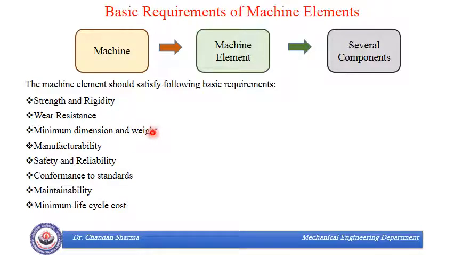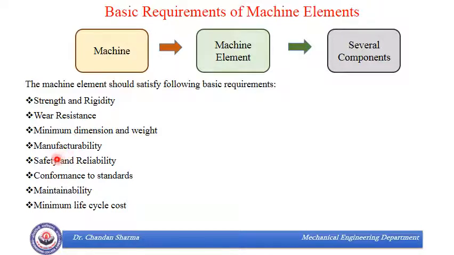So that is also a requirement which a machine element should satisfy. Then the process which the designer intends to use should be possible. The designer should not suggest a process which is not feasible, nor economical, nor reliable. So the component should have manufacturability.